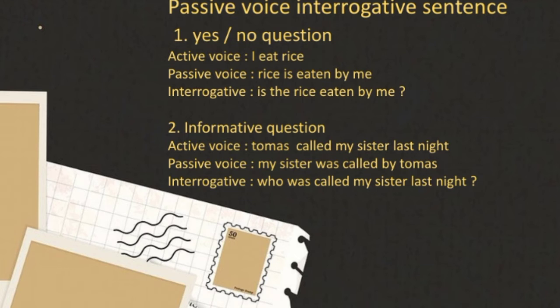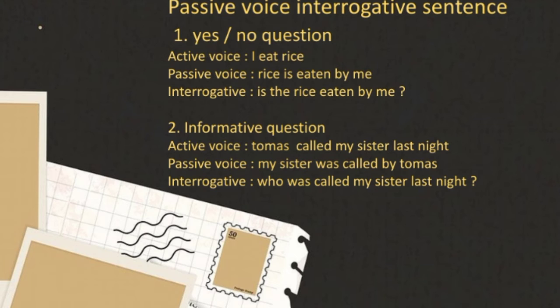It means at the beginning of the sentence, and after that we can continue the sentence. So the normal sentence in passive voice "The rice is eaten by me" becomes the question "Is the rice eaten by me?" I think it's the same; we only move the to be to the front of the sentence.